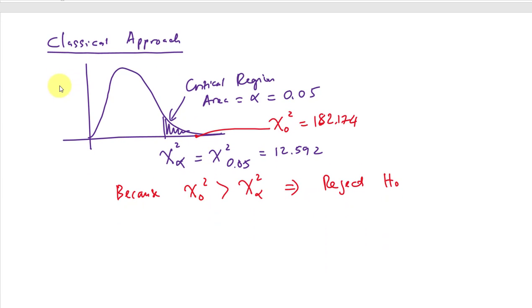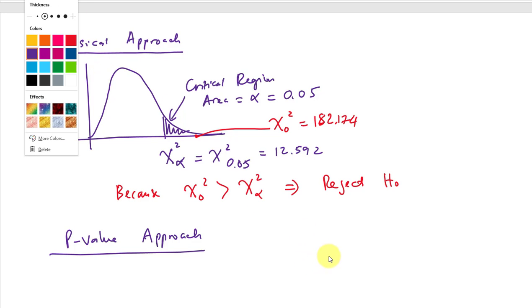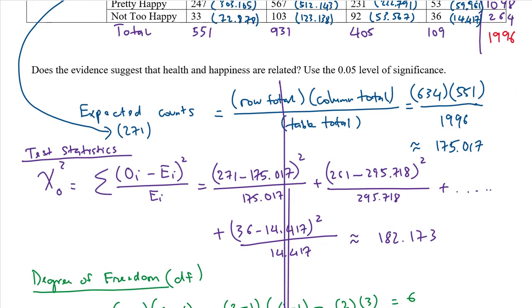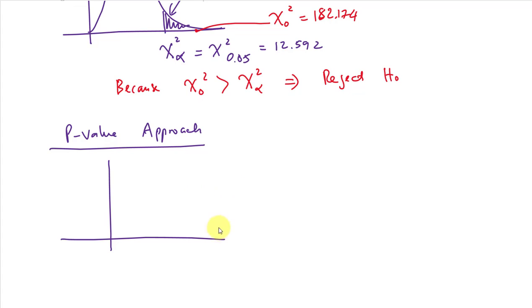You can also use the p-value approach, so let's try that. For the p-value, you can also draw the curve. The chi-square distribution, again, is not symmetric.